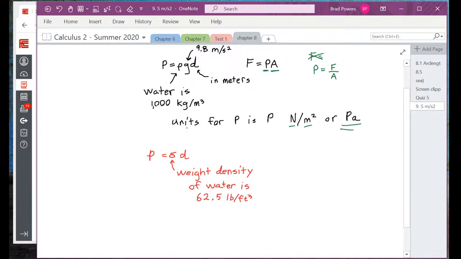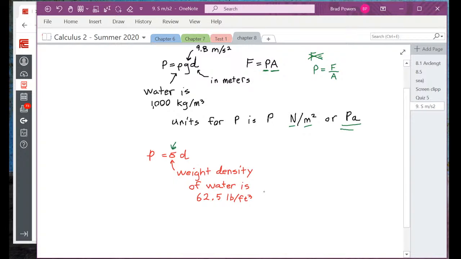Pressure could also be if we just have weight density, right? So this would be for good old metric units. Now for American units, we'll have a weight density, and for water, it's 62.5 pounds per foot cubed, and times depth. And again, we're going to get a force in pounds per square foot.